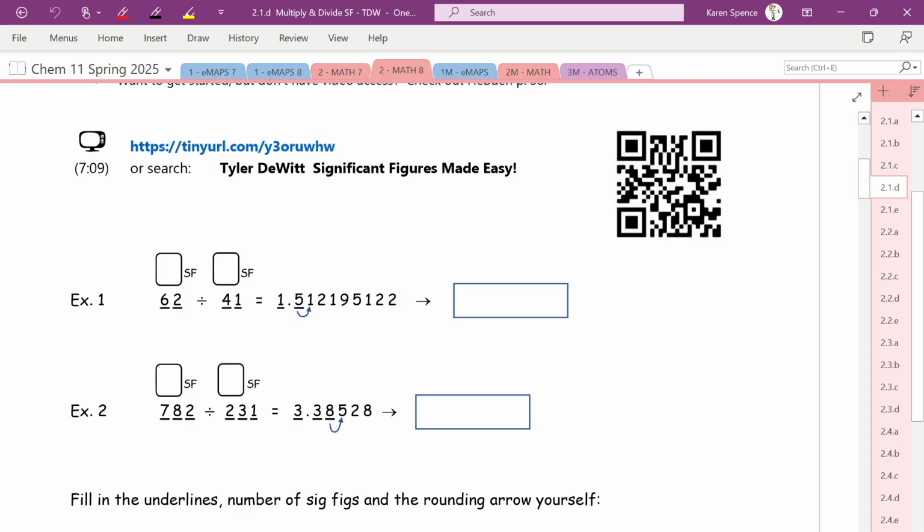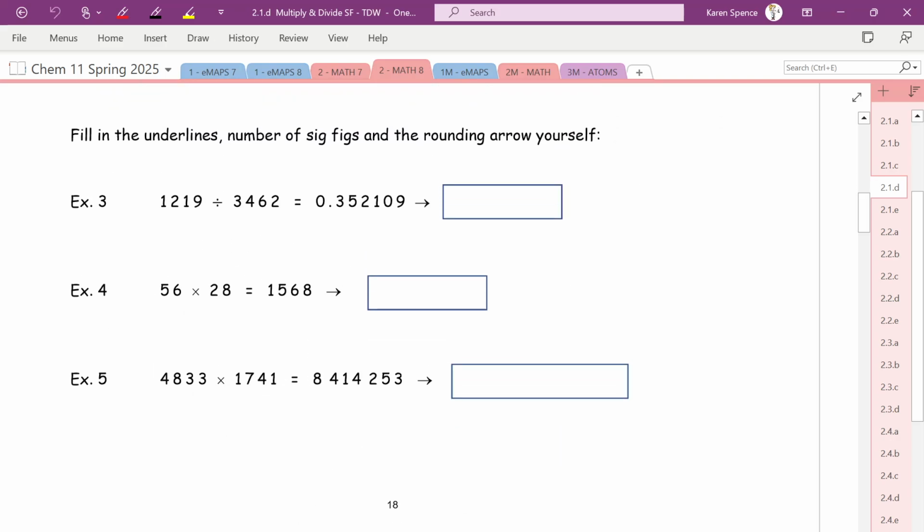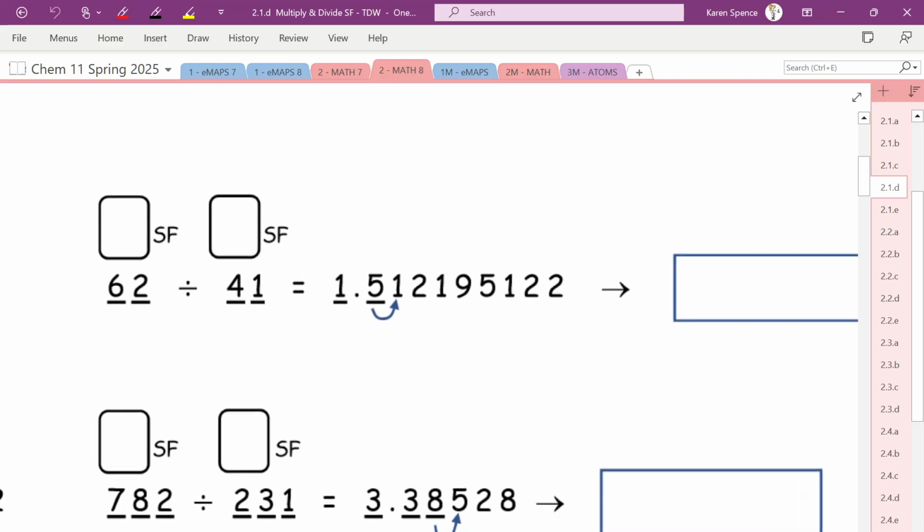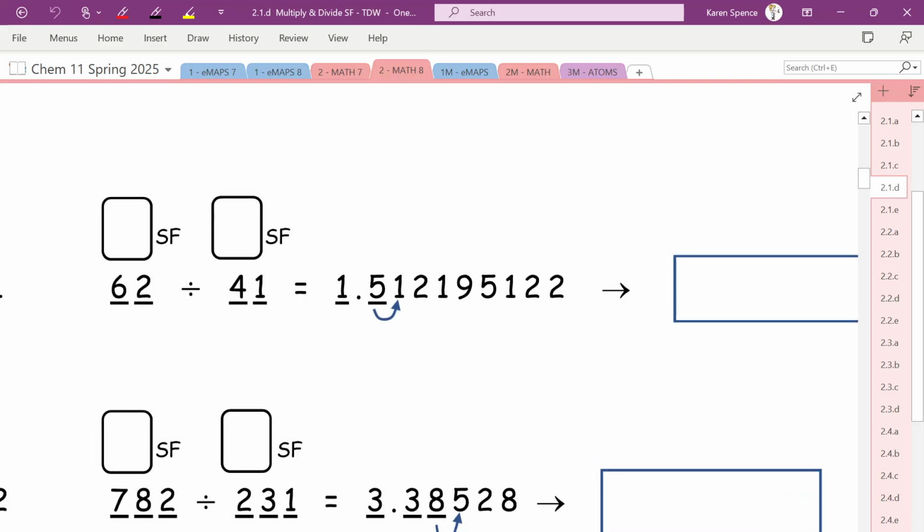Okay. All right. So here we go. For multiplying and dividing, this is on page 18. And if you've already done this in physics, you can just go ahead and do pages 21 to 23.